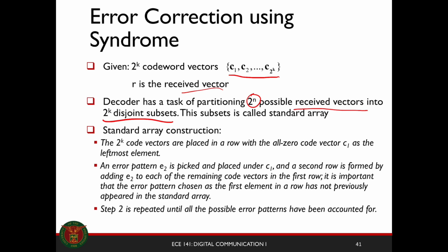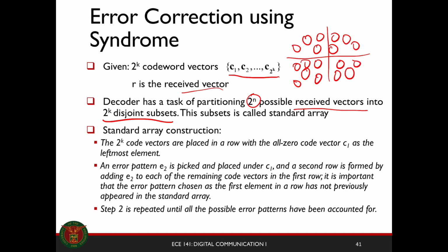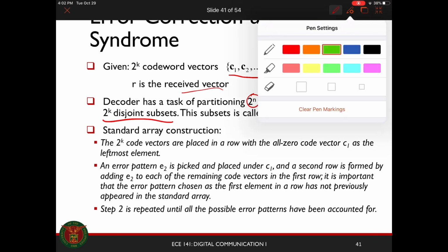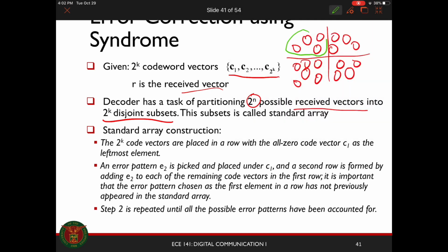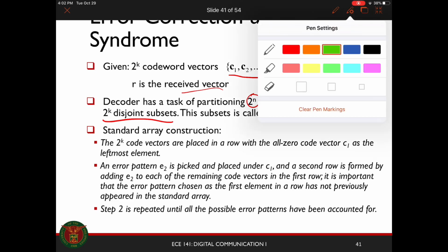In a sphere packing representation, if these 4 spheres represent your valid code words, and some other spheres appear because of sphere packing, the decoder must partition these spheres into appropriate regions for it to be able to decode your signal.